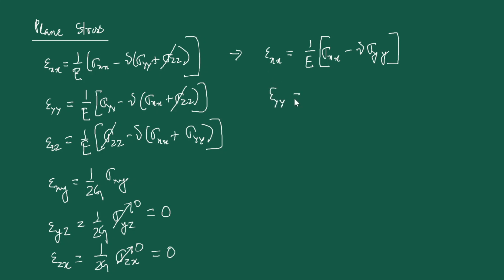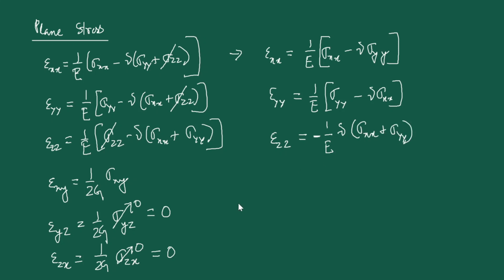In a similar fashion, epsilon yy is only a function of x and y because the sigma yy and the sigma xx present here are pure functions of x and y, and epsilon zz is also a function of x and y because it has this form. Epsilon xy, as we have already written here, is like this, which also is a function of only x and y. Epsilon yz is 0 and epsilon zx is 0.